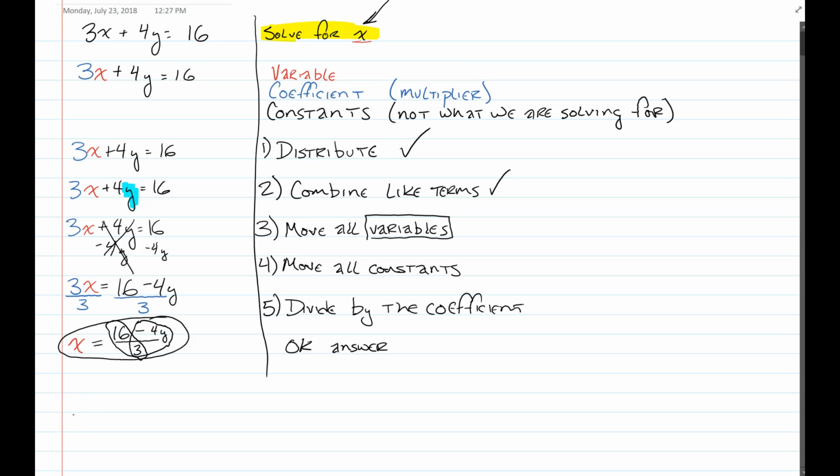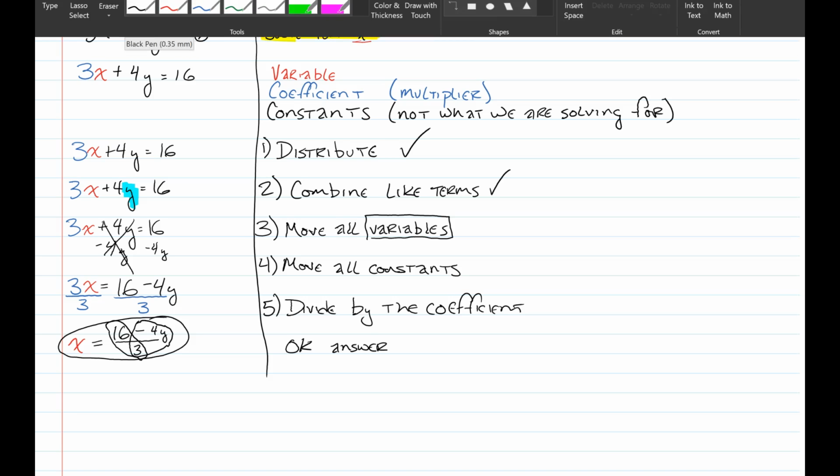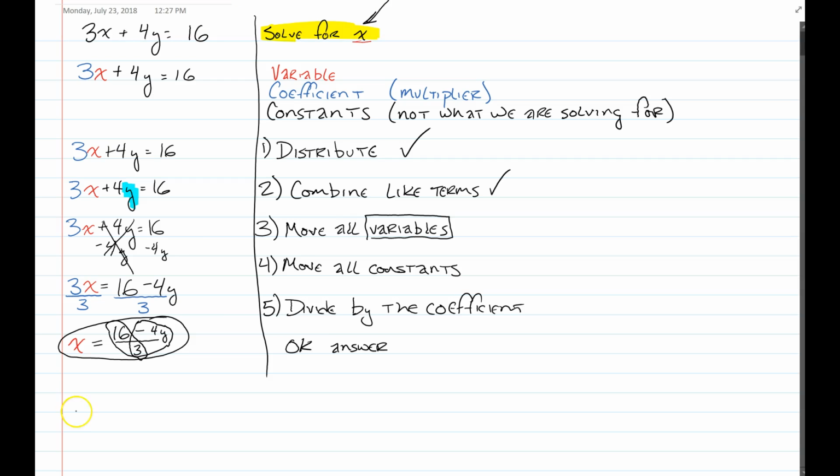This will make your life much, much easier as we get into slope-intercept form and things along those lines. So what I want you to see this answer as actually is x equals 16 thirds minus 4 thirds y.